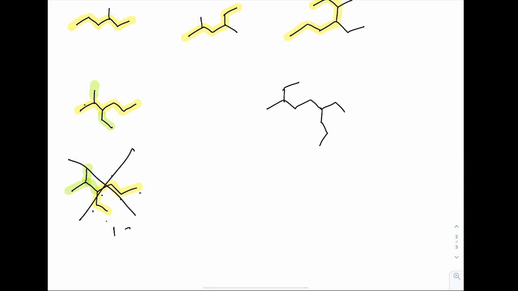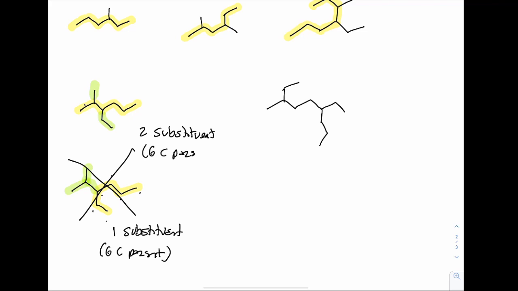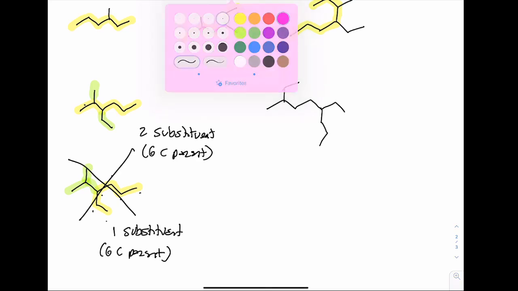So not this one, right? This has 1 substituent, a 6 carbon parent. This one up here has 2 substituents, 2 branches. It's also a 6 carbon parent. So we had 2 parents of the same length.